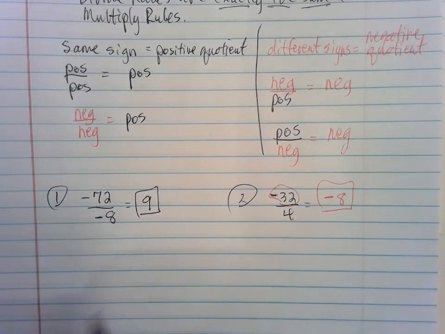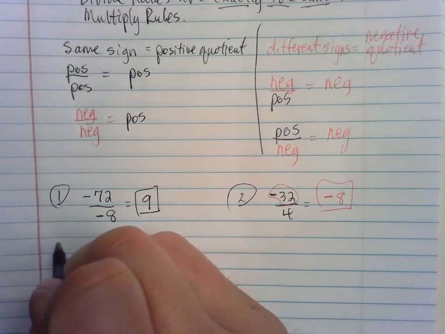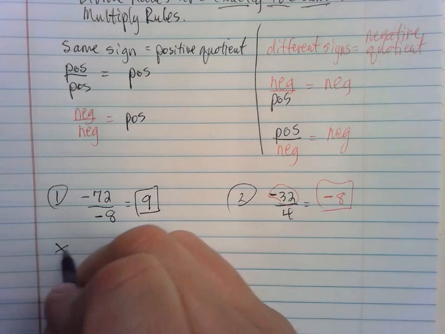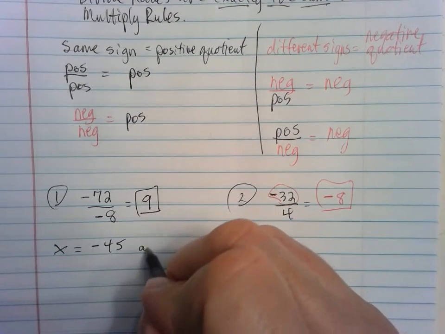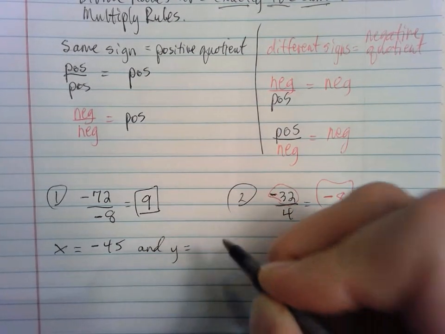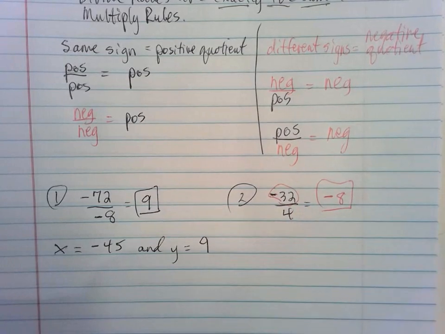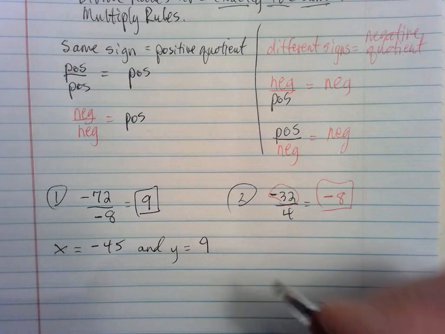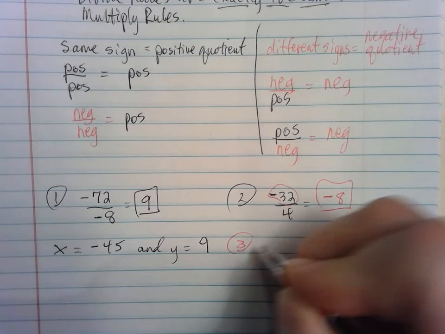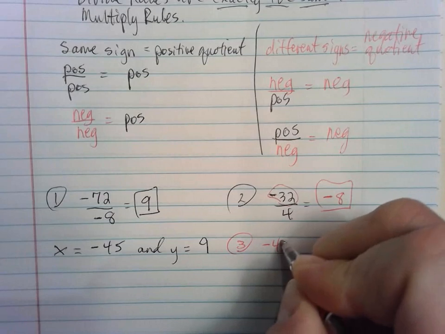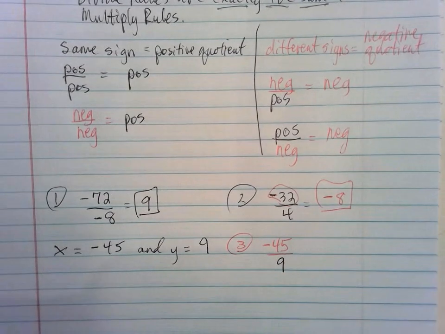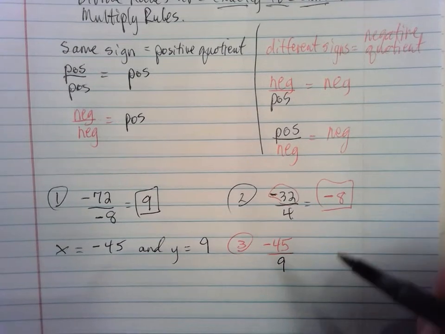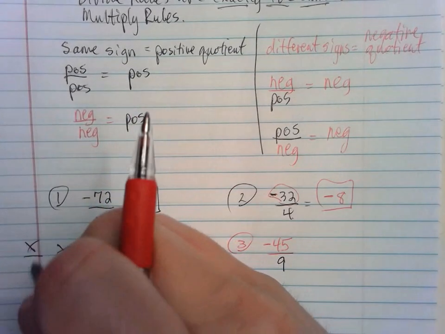If we get to some of these where you've got a variable, let's say x is negative 45 and y is 9. Of course, that would look something like this. This would be number 3. It might give you a little problem like x divided by y.